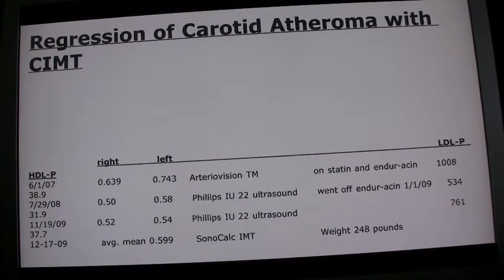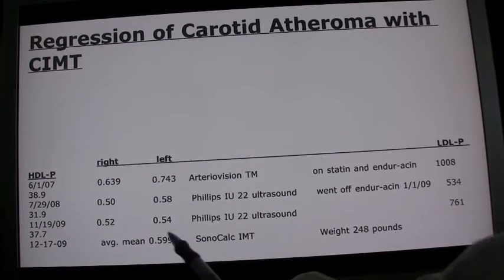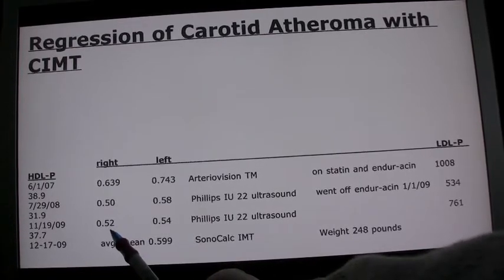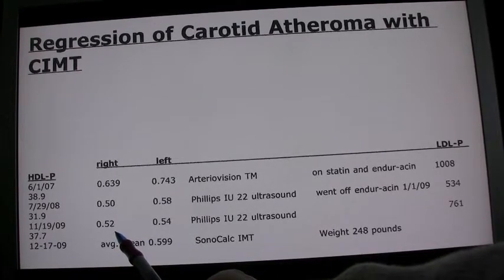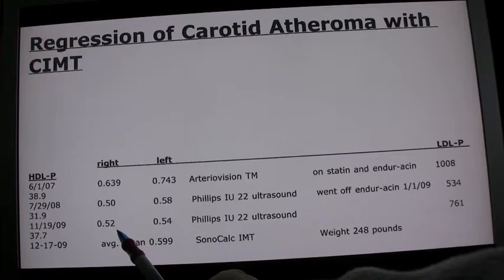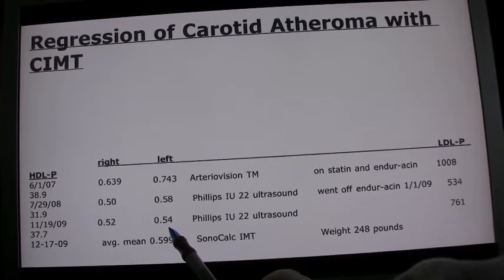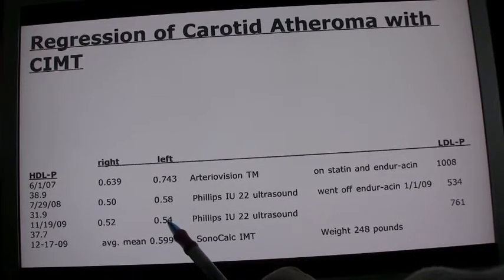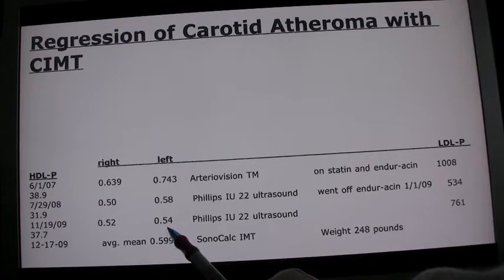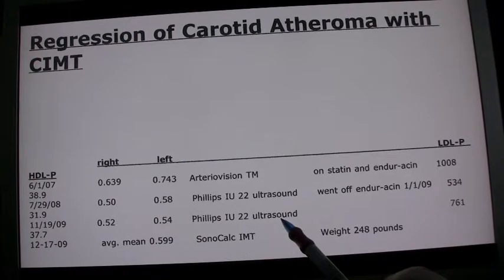Then, a year and 4 months later, on the same machine, I had it done again. And on the right side, I actually increased 2/100ths, and on the left, I decreased 4/100ths. Again, I'm pretty happy with this result.